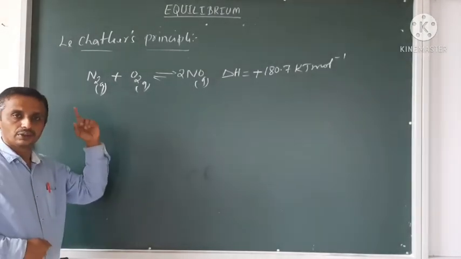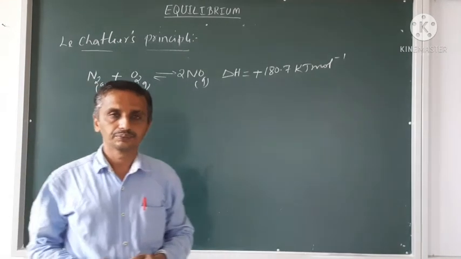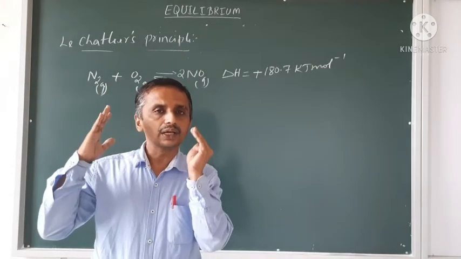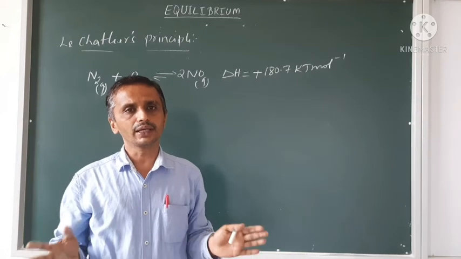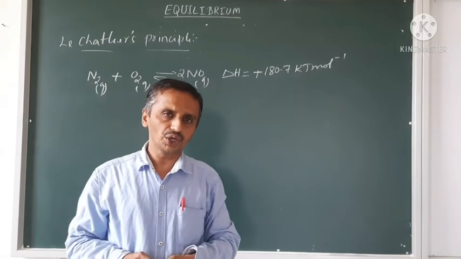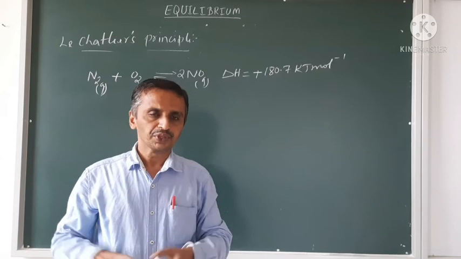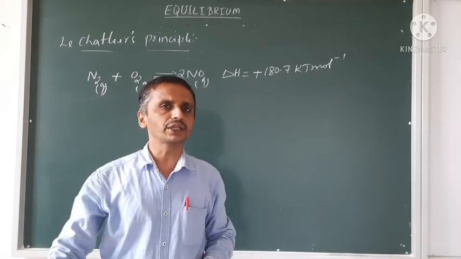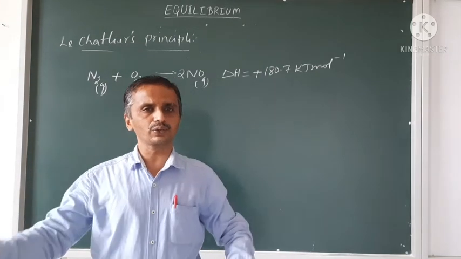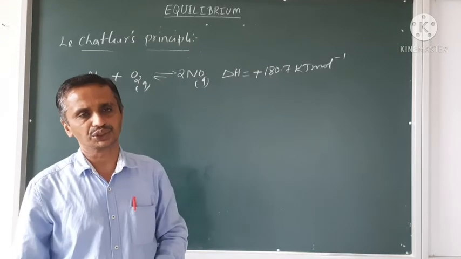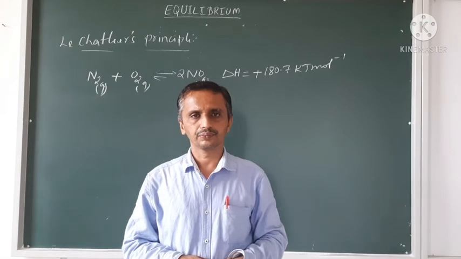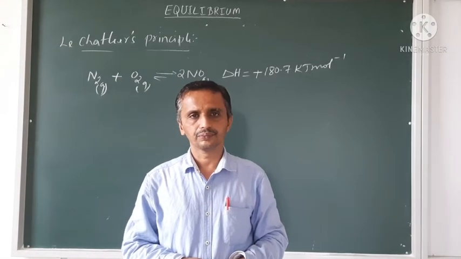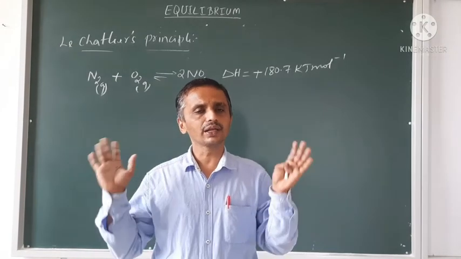Already mentioned, the equilibrium can be changed by the application of heat. The equilibrium constant will be constant at a given temperature only. As the temperature changes, the equilibrium constant also changes, and the equilibrium direction changes.